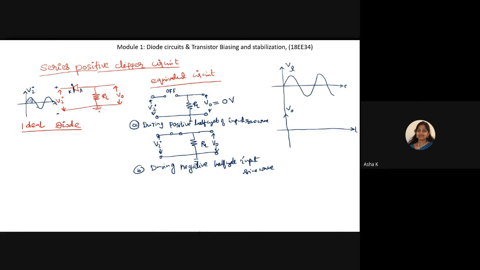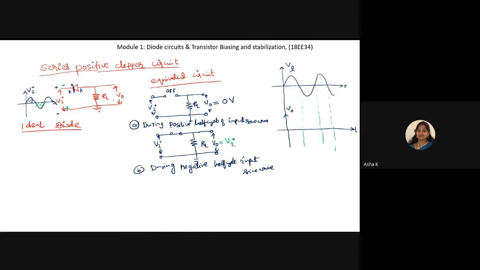During the negative half cycle, when I connect the negative half cycle here, this will be negative and this will be positive. During the negative half cycle, the cathode is negative compared to the anode. In such cases, the output voltage will be equal to the input voltage. Now, I complete the output waveform of this circuit by observing the equivalent circuit.